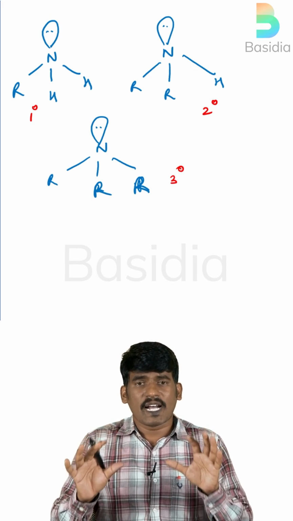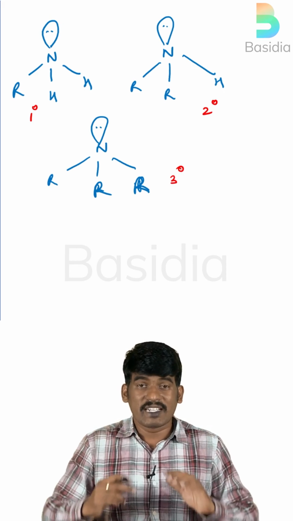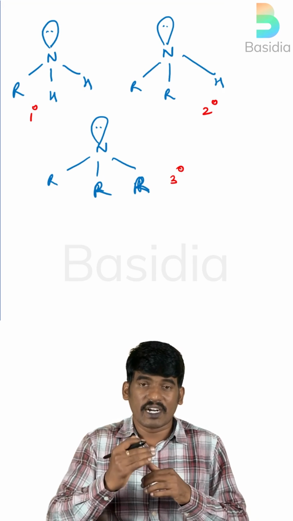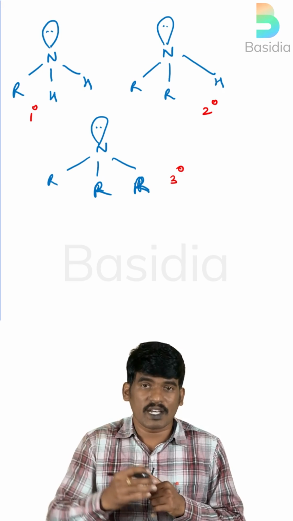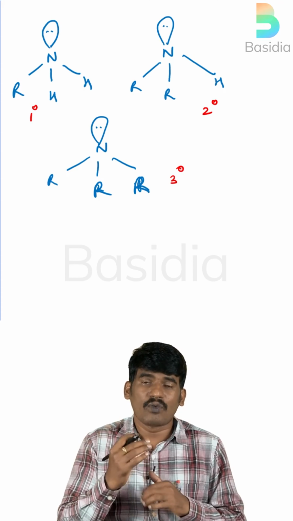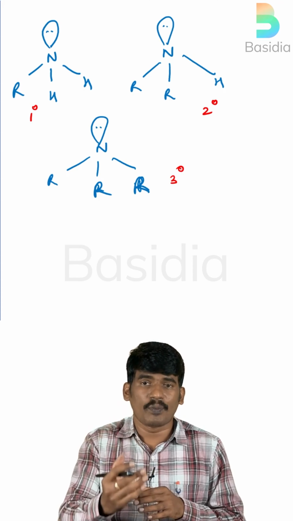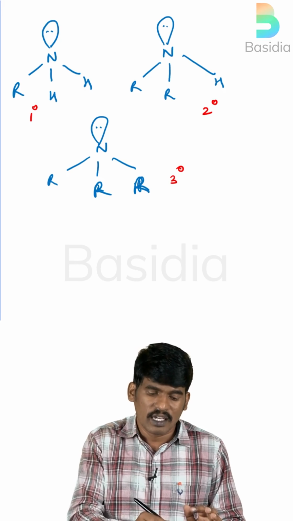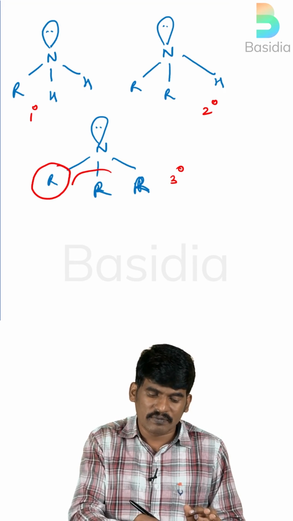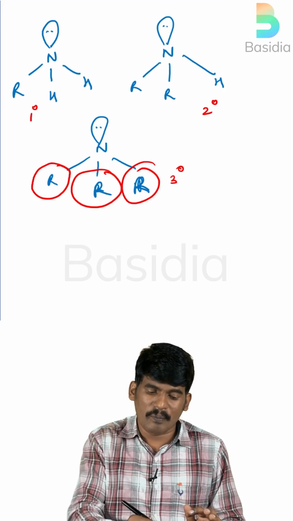So nitrogen is having a lone pair of electrons. It is ready to donate to the acidic H plus ion. So when it wants to donate the lone pair of electrons to H plus ions, these alkyl groups are bulky in nature.